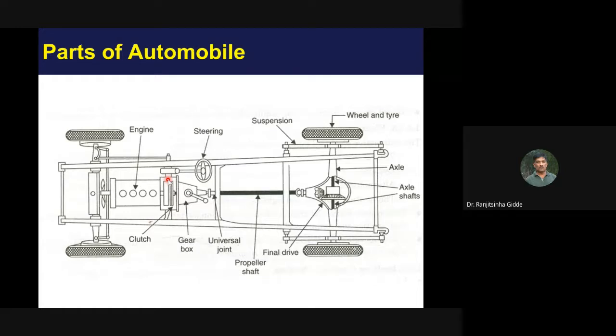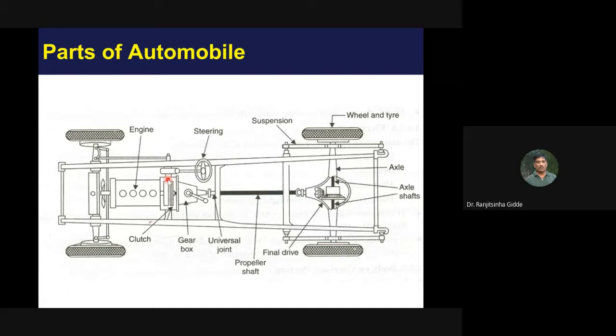And in internal combustion engine, there are two stroke, four stroke, again two stroke SI engine, four stroke SI engine. Like that, difference is there with respect to the classification.